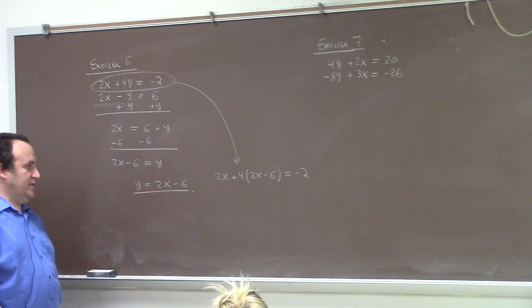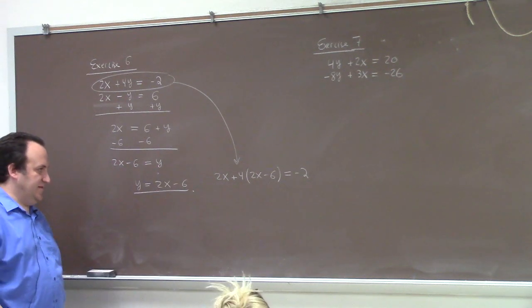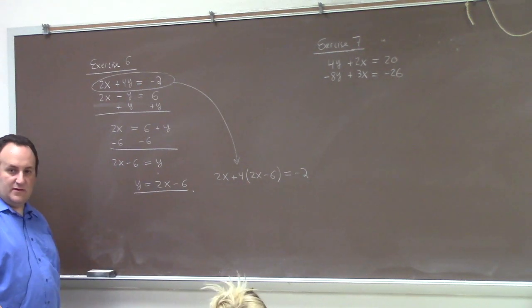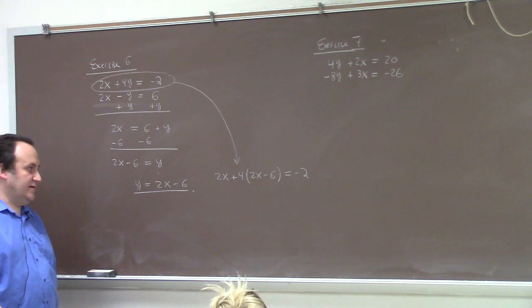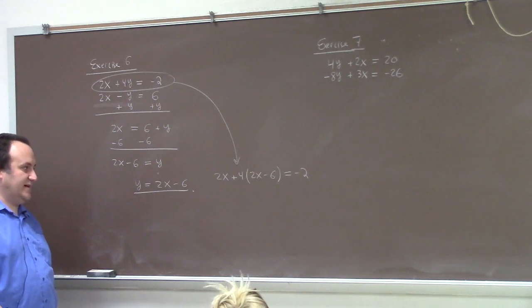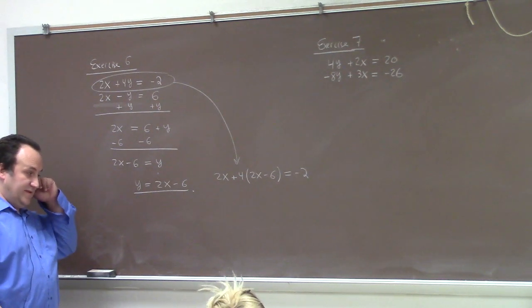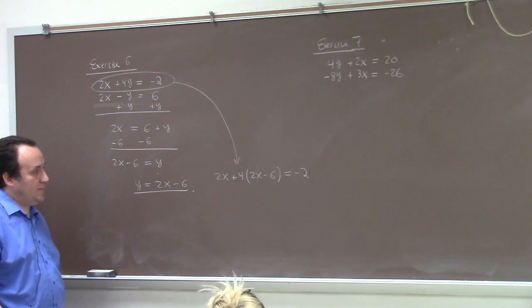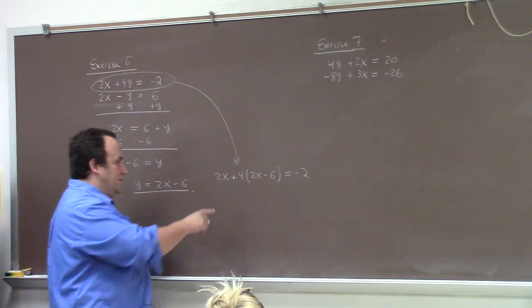And at this point, we have come to a potential test 1 question, right? One linear equation and one variable. That's one of the kinds of problems you'll face on test 1. And what do we got?